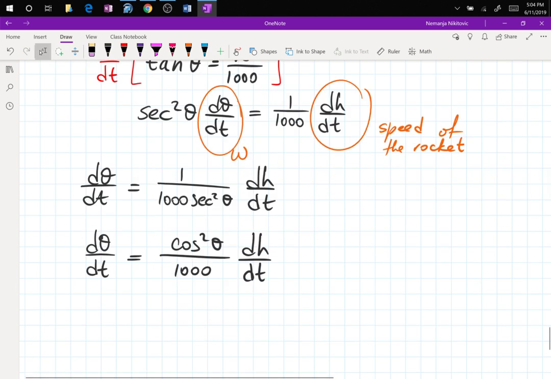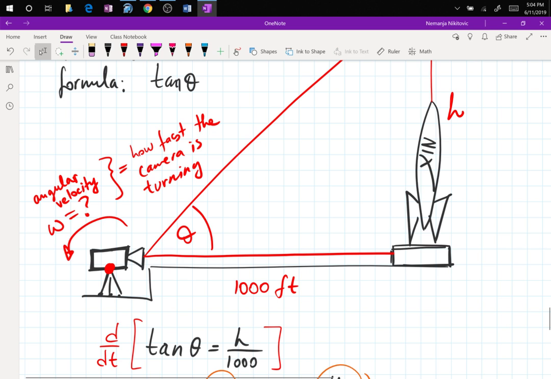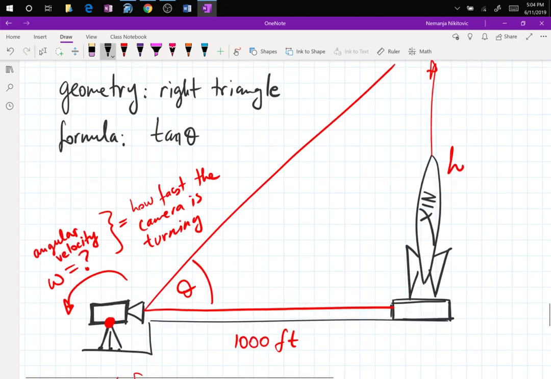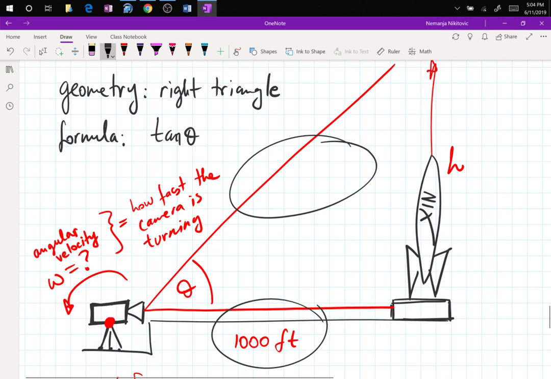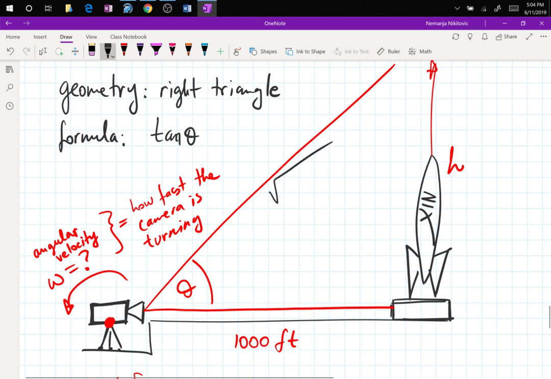Now we don't really have an angle as an input, so we need to transform this cosine into the labels we have. Cosine is adjacent over hypotenuse. I don't have the hypotenuse yet, but we can use the Pythagorean theorem to find that this is the square root of 1000 squared plus h squared. That's the length of the hypotenuse.